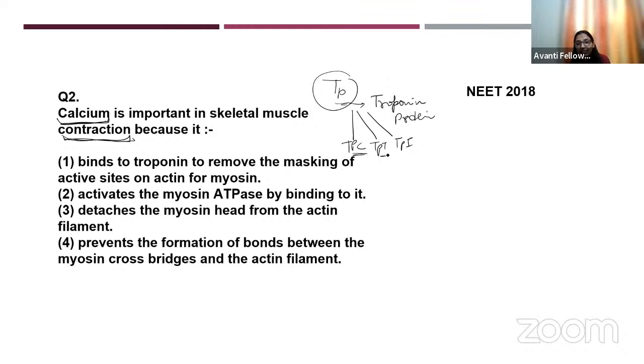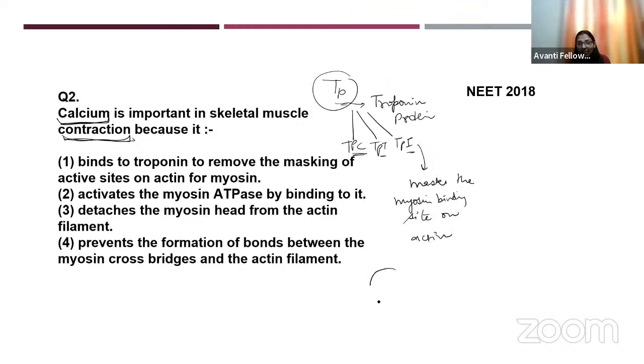TnT is the tropomyosin binding unit, and I is the inhibitory unit, whose role is to mask the myosin binding site on actin.